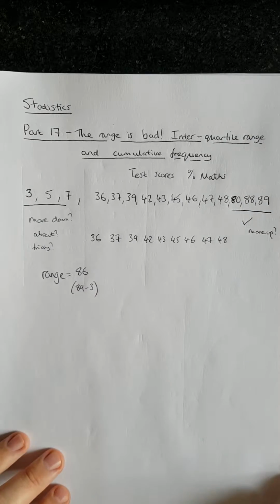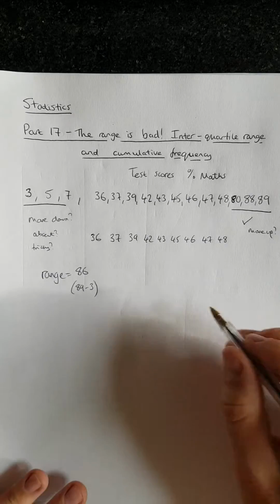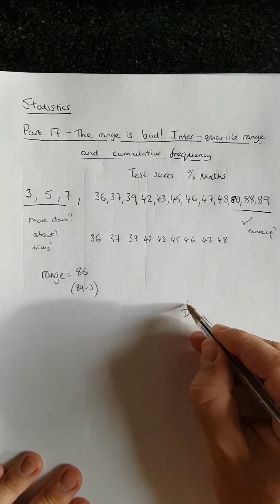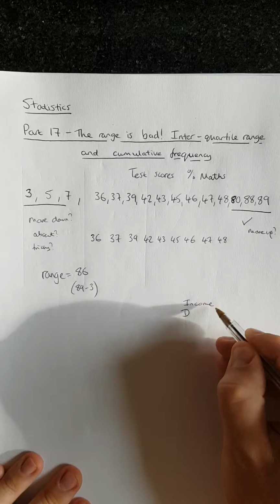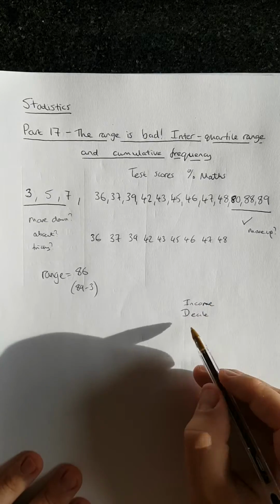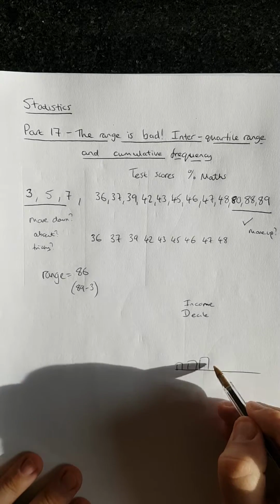So, a couple of years ago, the UK government changed tuition fees. And when you study the effect of tuition fees, they look at things by income decile, which means they split people's income levels into 10 groups.